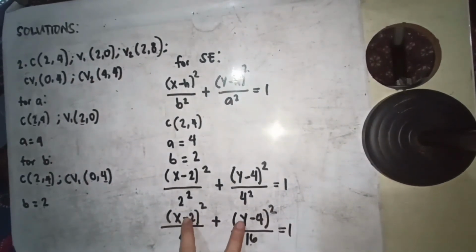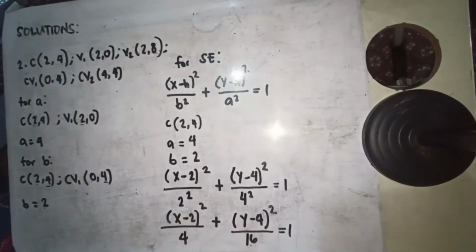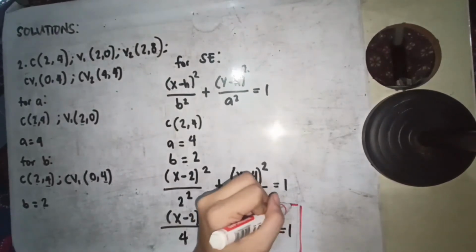Okay. We will not expand this, because we are looking for the standard form of the equation. So, there is nothing to simplify here. Therefore, that will be our final answer.